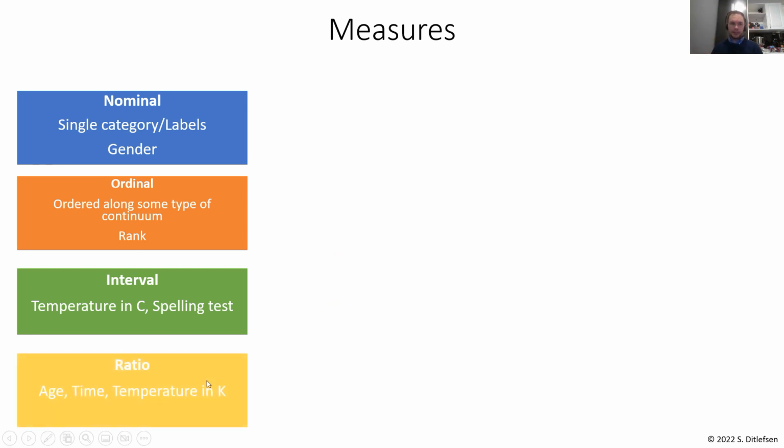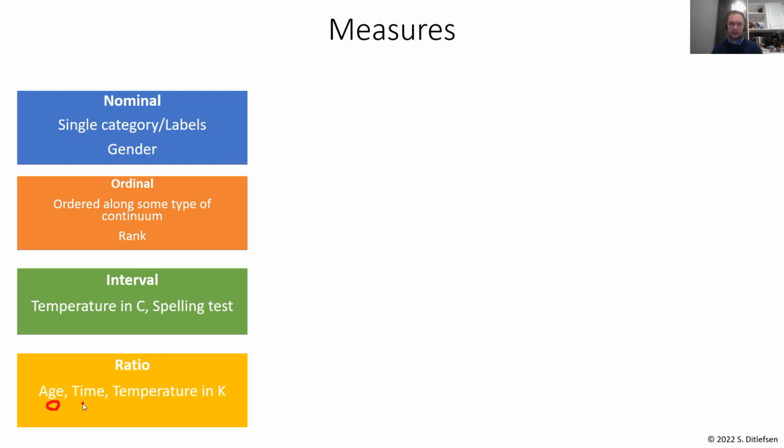And then we have the last one, which is ratio. And ratio, it means to like calculate something. And what is special about ratio? It has to have a zero. Has to have a zero, a true zero, not just a zero, because you have zero in temperature in Celsius also, but the temperature in Celsius is not true. It's just a zero. It's not true. So age has a true zero. You can be 0 years old.